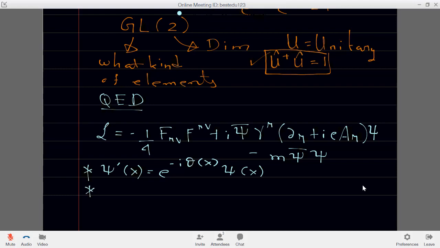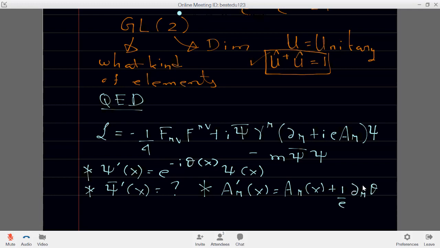From here you can calculate what psi prime of x looks like. This calculation is easy. And then you also need to transform the vector potential components. They should transform like this: A mu of x plus 1 by e del mu theta. And remember, theta is a function of x.